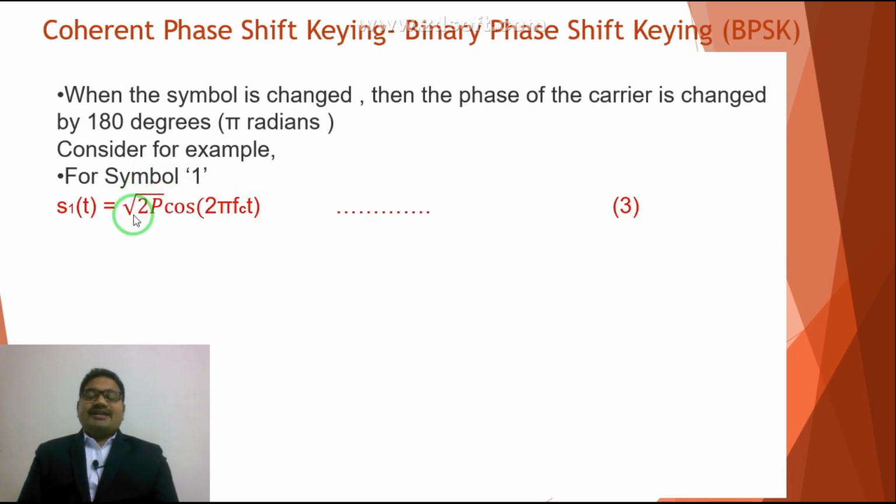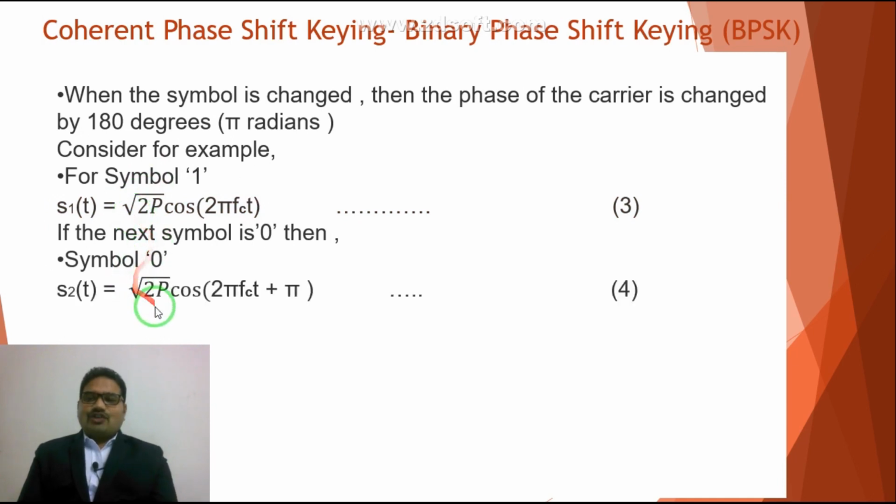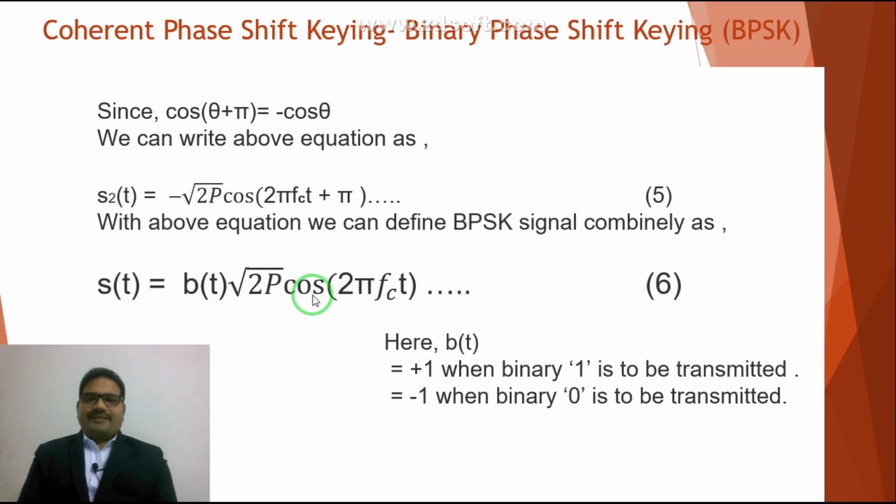But if it is symbol 0, then what is S2 of t? It would be square root of 2P cos of 2 pi fc t plus pi. The phase change occurs when 0 is there, and pi means 180 degrees.